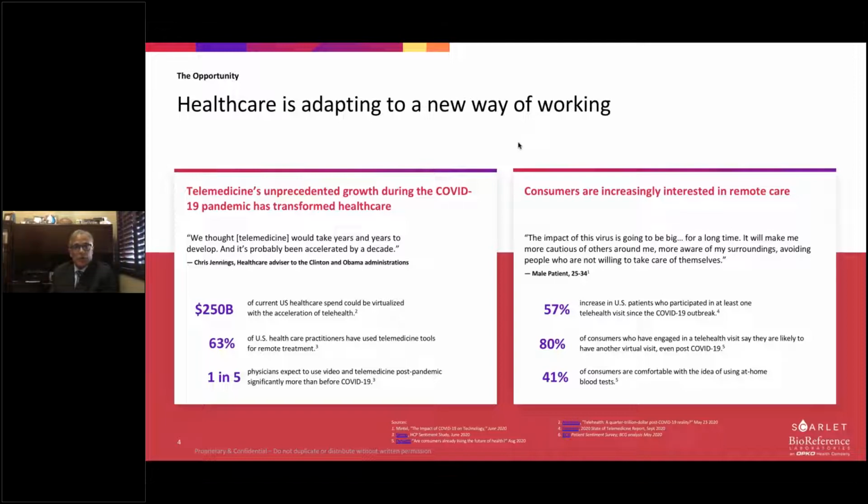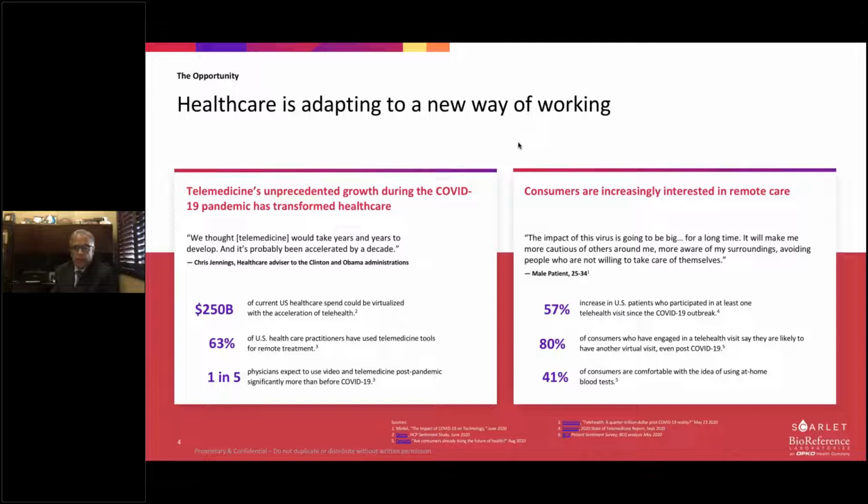Telemedicine's unprecedented growth during the COVID pandemic has transformed healthcare. $250 billion of the current healthcare spend could be virtualized with the acceleration of telehealth. 63% of US healthcare practitioners have used telemedicine tools or some form of remote treatment, and 1 in 5 physicians expect to use video and telemedicine post-pandemic significantly more than pre-pandemic.